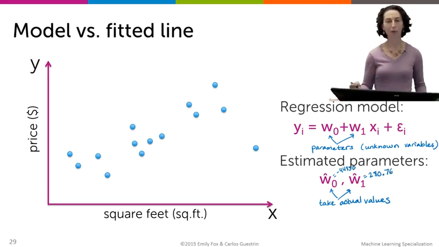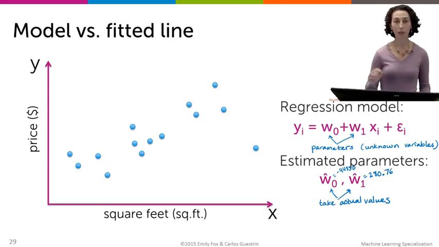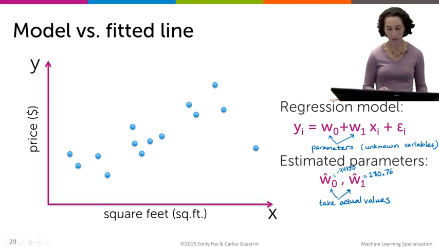And these aren't random numbers that I generated here. This comes from the first course. If you look at the notebook for doing the regression fit of sales price on square feet, these were the numbers that came out for these two parameters.